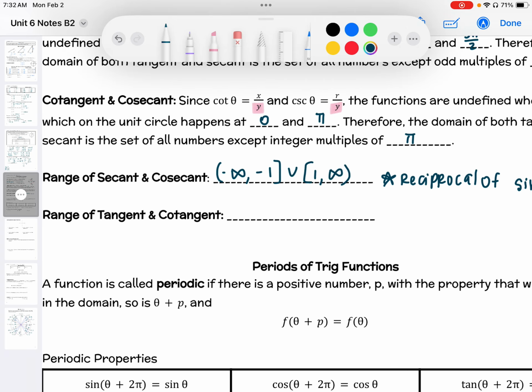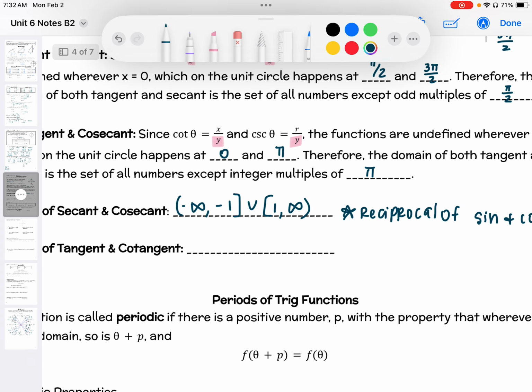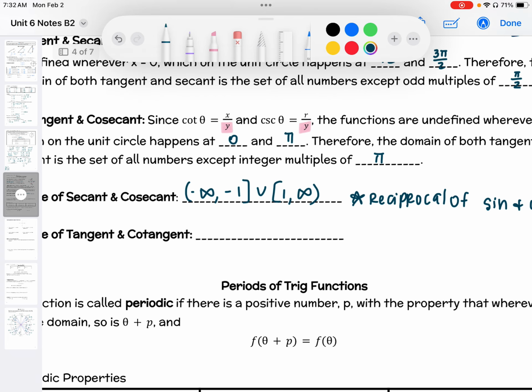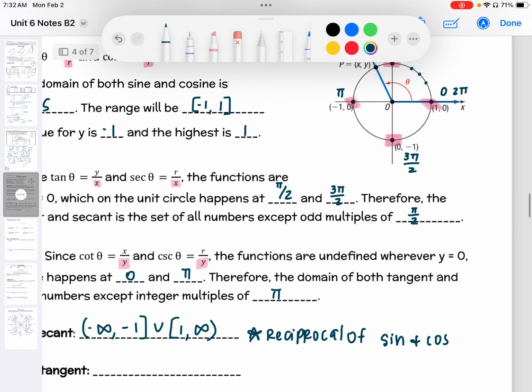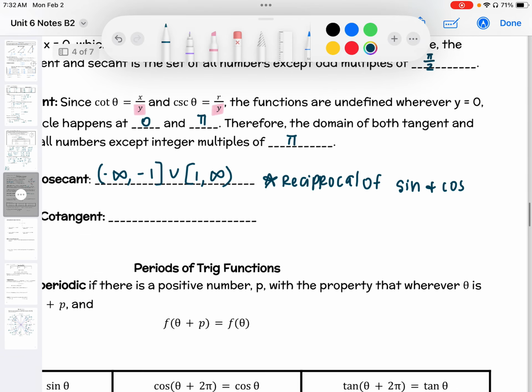And we can talk more about where that comes from, but I'm just going to have you know that for right now. And then the range of tangent and cotangent, we can go all the way from negative infinity to positive infinity.